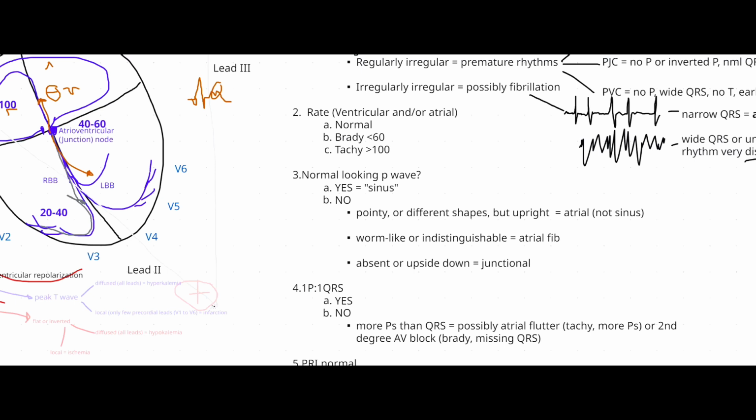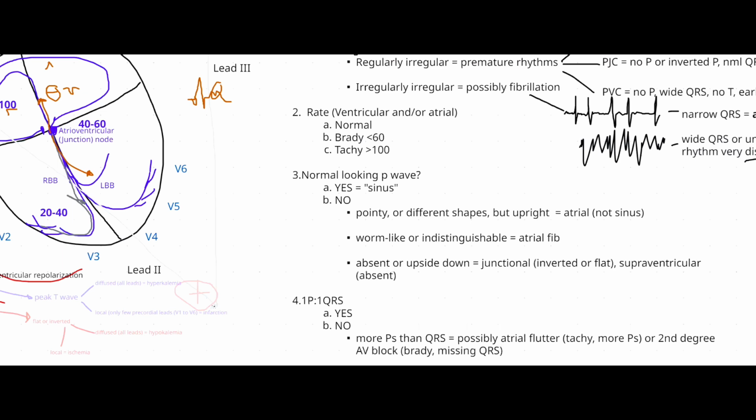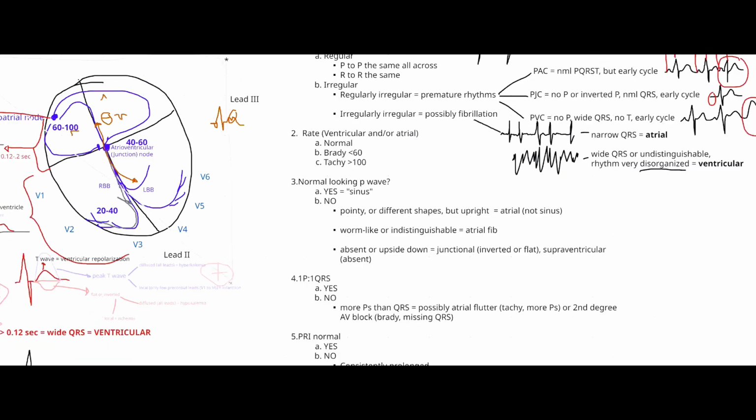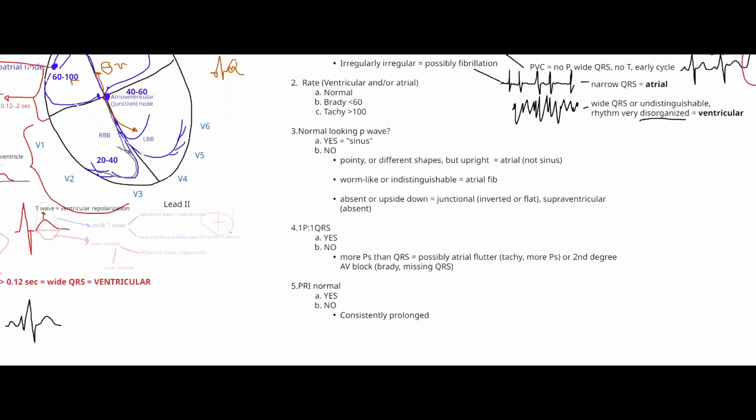So supraventricular, there's two criteria for SVT. We're not going to call it ventricular. Why? Because the QRS is narrow, right? But we're not going to call it atrial either because there's no P wave.